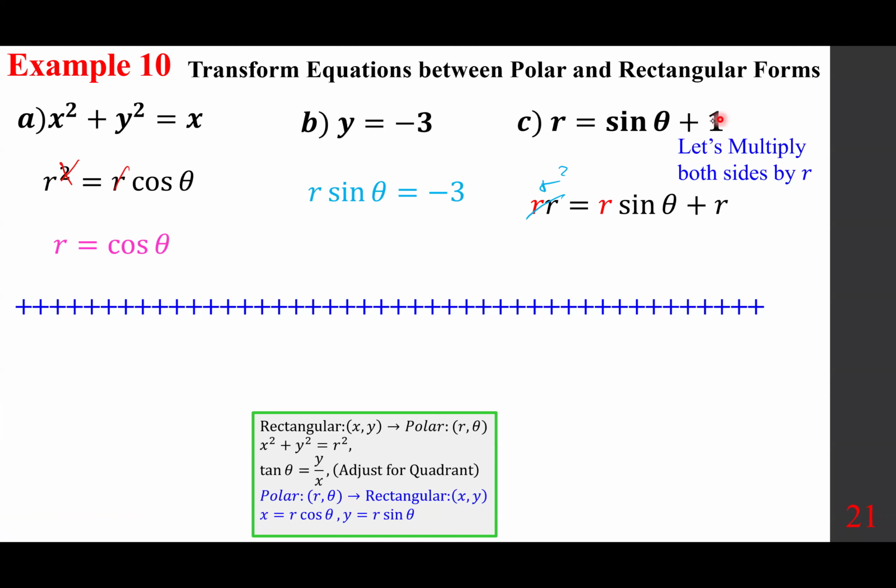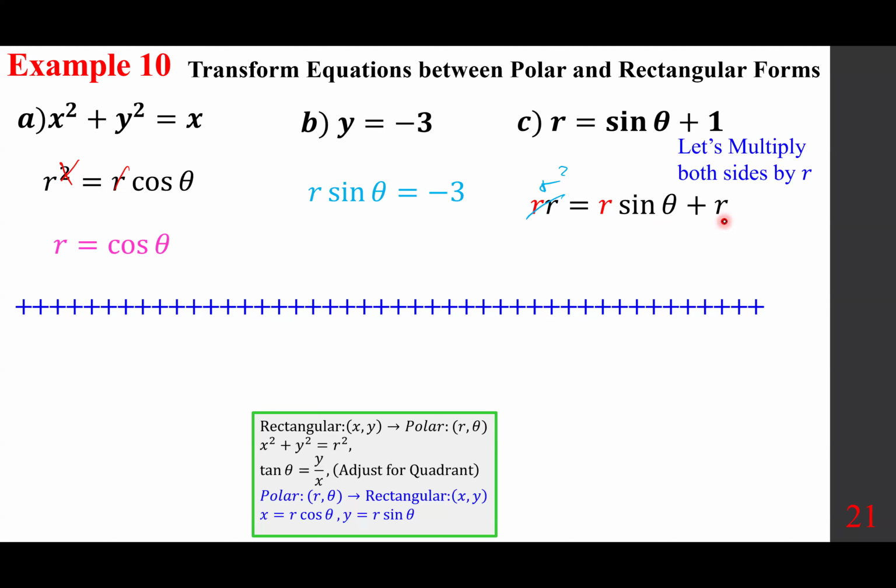And in this case, we have a polar equation. We want to change it to rectangular. So to do so, R squared, we replace it with x squared plus y squared. R sine theta, we replace it with y.